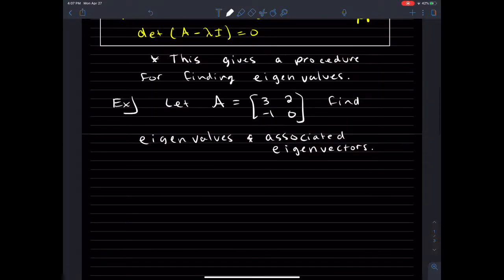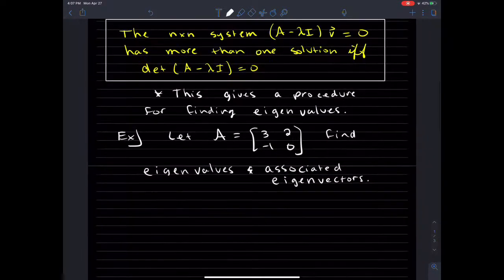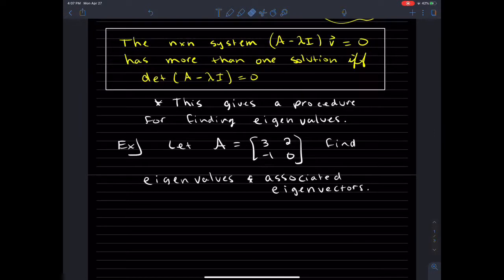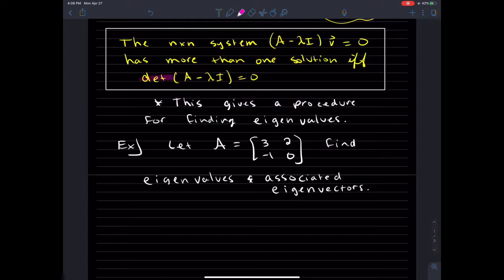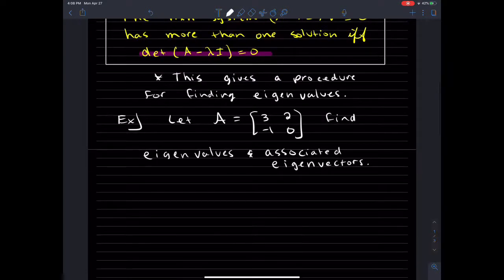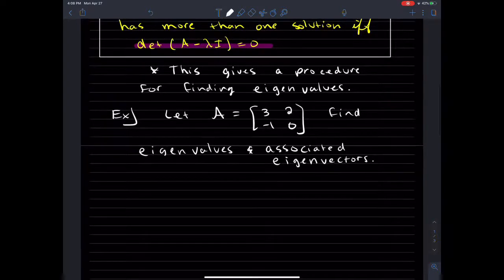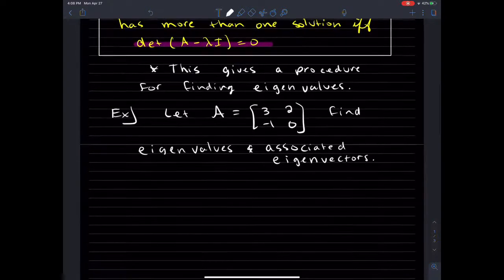Eigenvalue. So, again, we're going to use this here to find our eigenvalues. That's going to be our characteristic equation too.